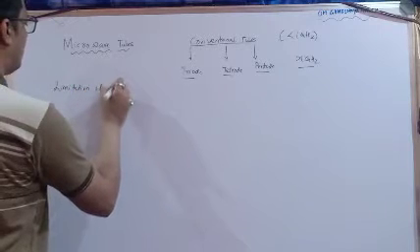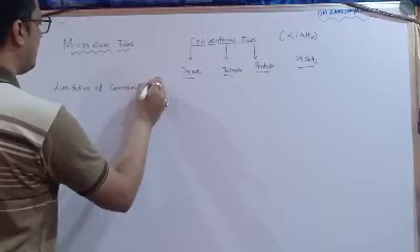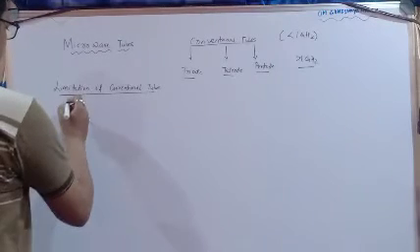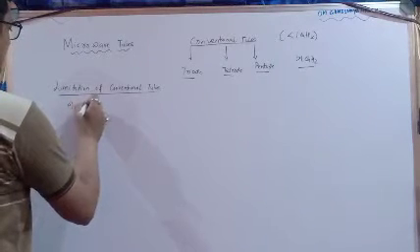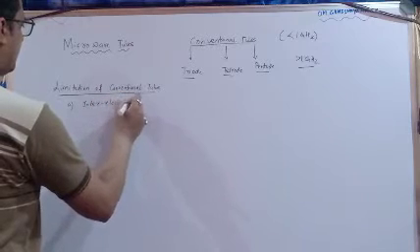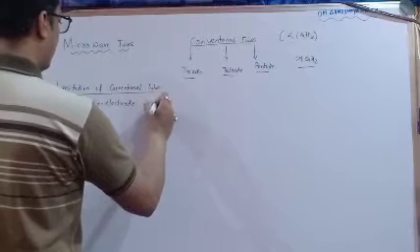Limitations of conventional tube. First is the inter-electrode capacitance effect.